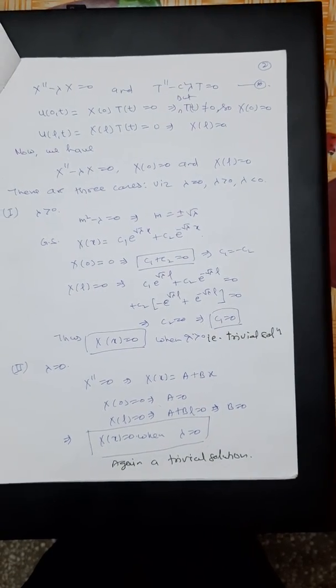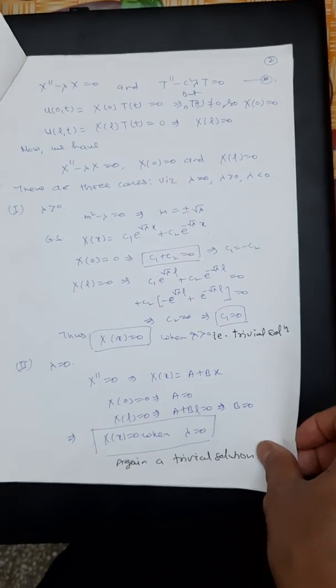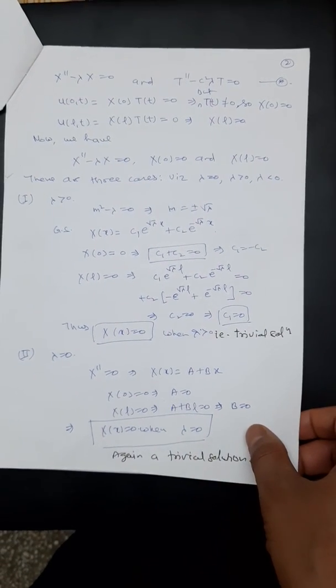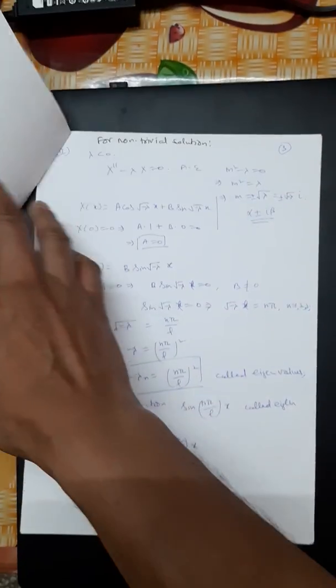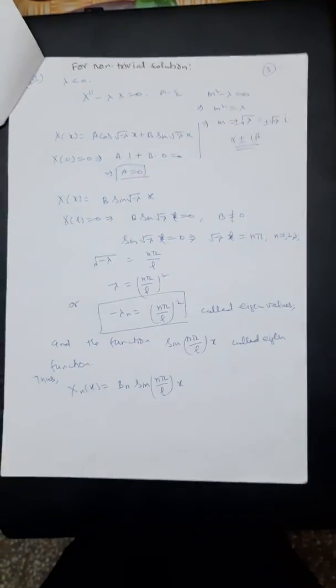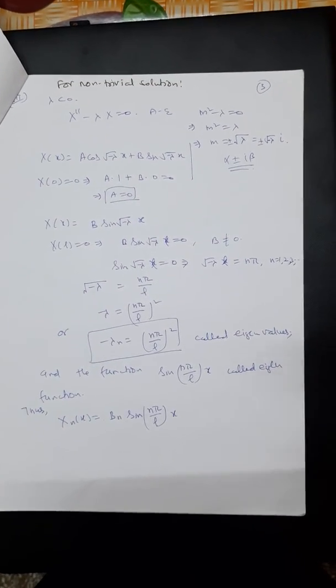So in both the cases we have X equals 0, and since the solution u is a product of two functions, capital X and capital T, and X is 0, it means u is also 0. So therefore we need a non-trivial solution.